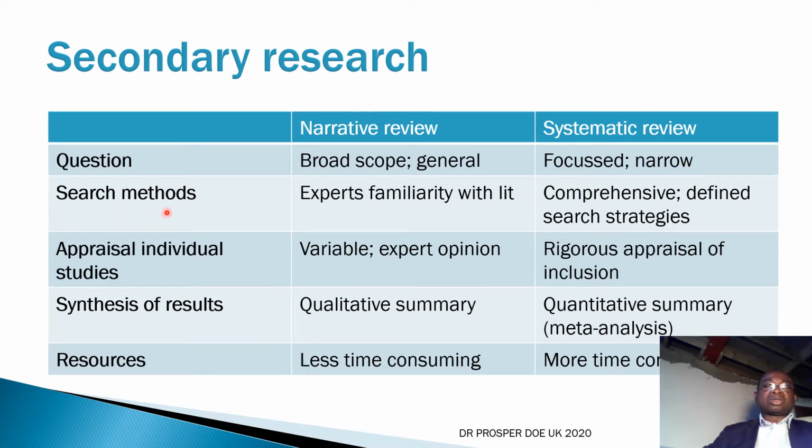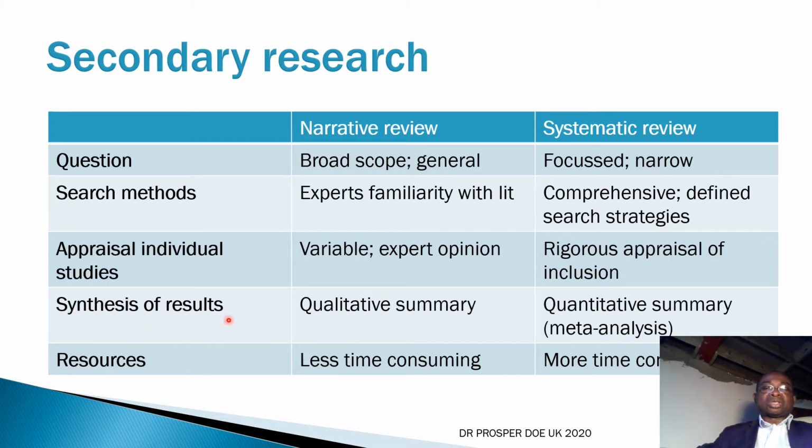The search methods for a narrative review are the experts' familiarity with the literature, and for a systematic review are usually comprehensive, defined search strategies. The appraisal of individual studies in a narrative review is variable and mainly centered on expert opinion. For meta-analysis, it's a rigorous appraisal with inclusion and exclusion criteria.